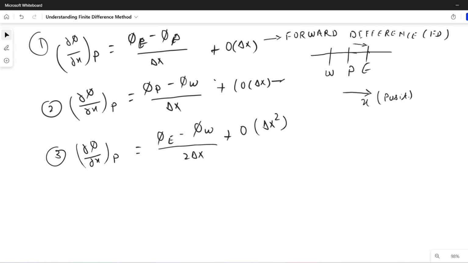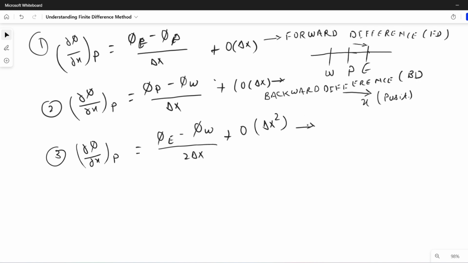This is my west point. This term dou phi upon dou x is calculated using the west point, which is located in the backward direction of point P. So this is known as backward difference, or BD.